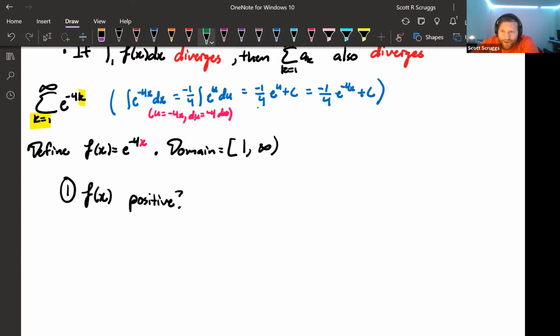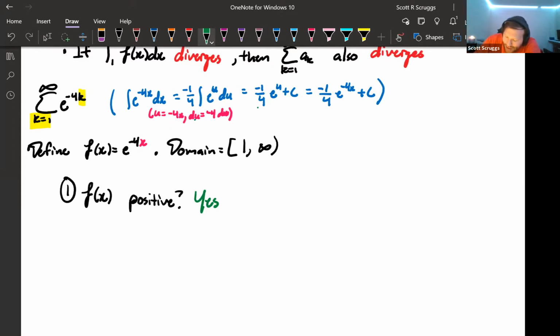So the first condition, f of x positive. Like I said, this one is a gimme. The answer here will be yes.